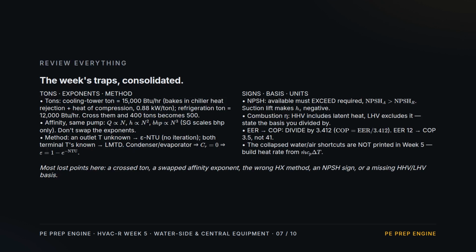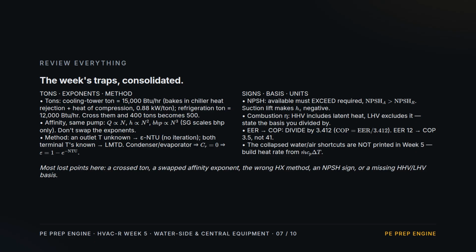The week's traps in one screen. On tons and exponents, the cooling tower ton is 15,000 BTU per hour, and the refrigeration ton is 12,000. Cross them, and 400 tons becomes 500. And the affinity laws go flow, head, power as the first, second, and third power, with specific weight touching only brake horsepower. On method, an unknown outlet means effectiveness NTU.